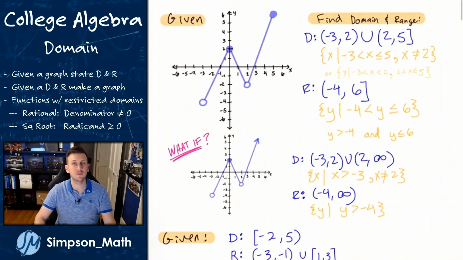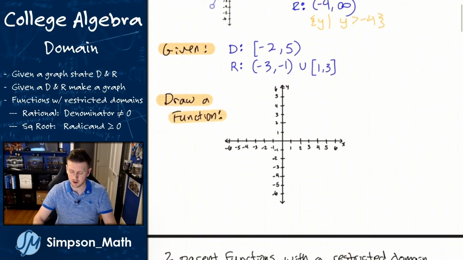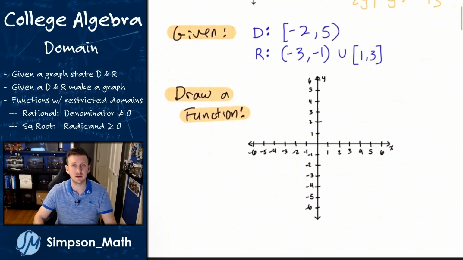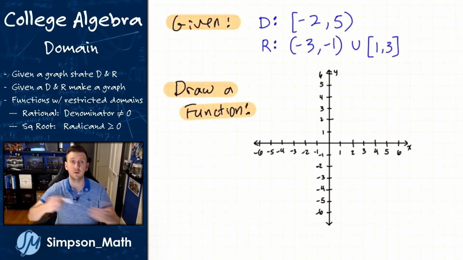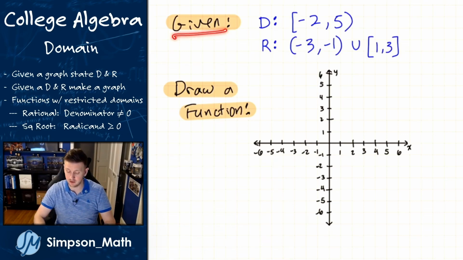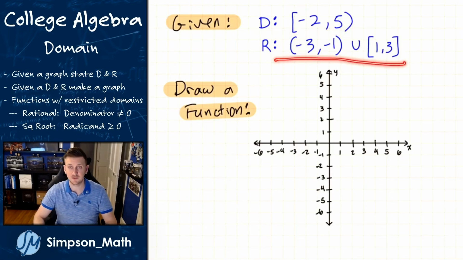You'll find there's lots of practice that we're going to have over this set where I give you a picture and you need to then tell me what's happening. So remember these skills and both of these different ways of writing it. All right, so let's take a look at this one. Here, it's quite the opposite. I'm saying there's going to be a function that has this domain and this range.